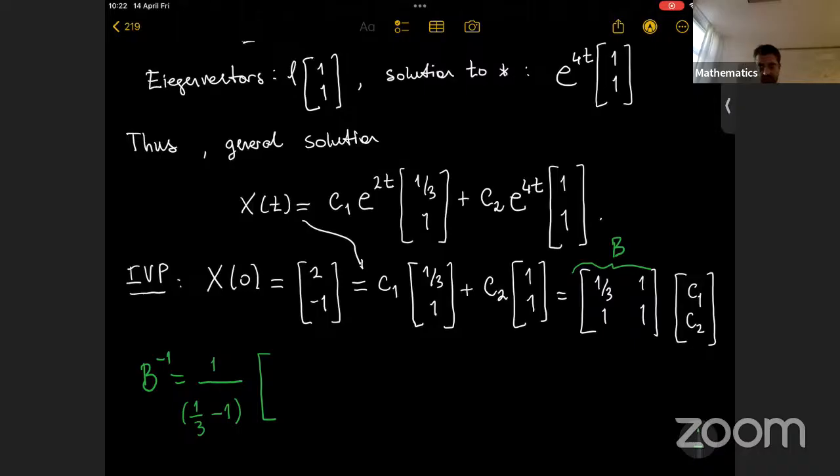And remember, you switch the order of the diagonal entries, 1 and 1/3, when you find the inverse, and put minus signs on the off-diagonal entries.